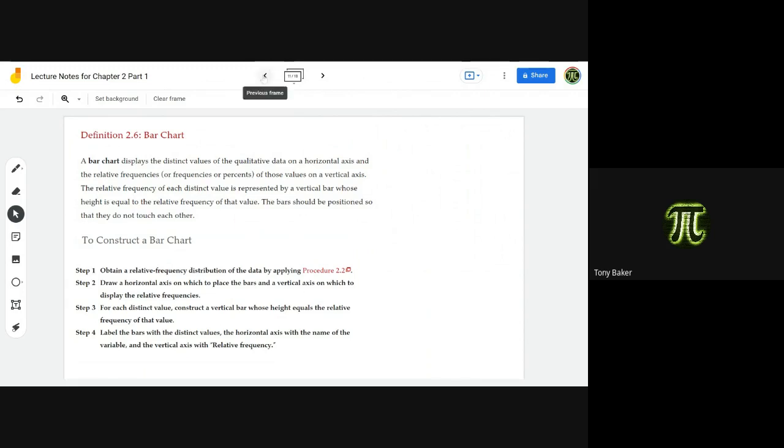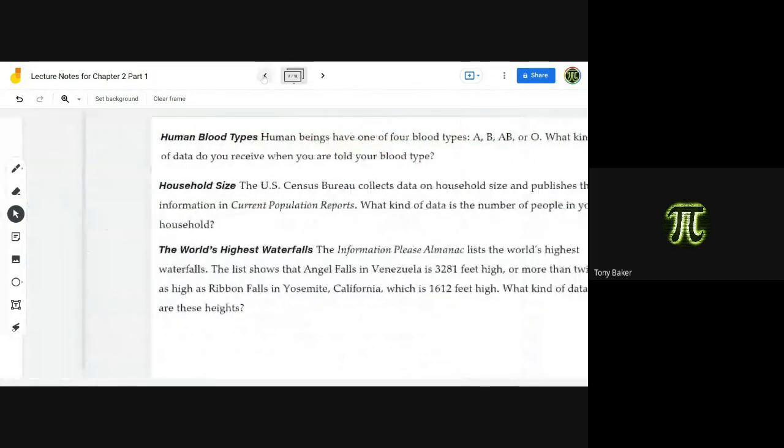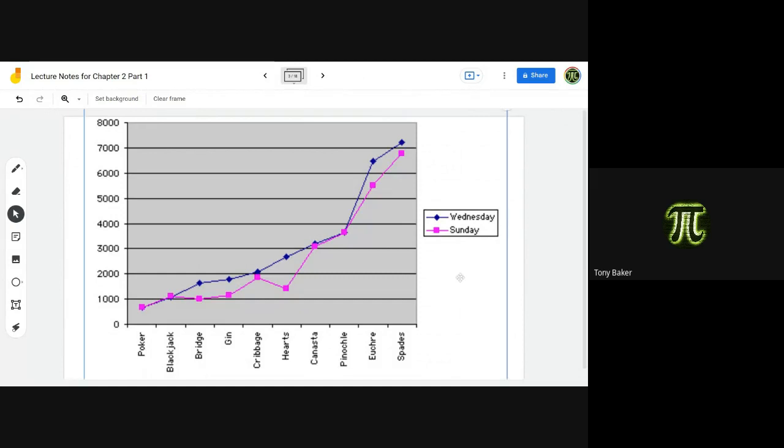So let's go back and look at my horrible graph that I hate. I'm just going to look at the purple one.